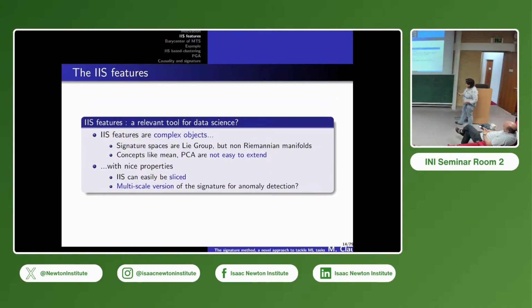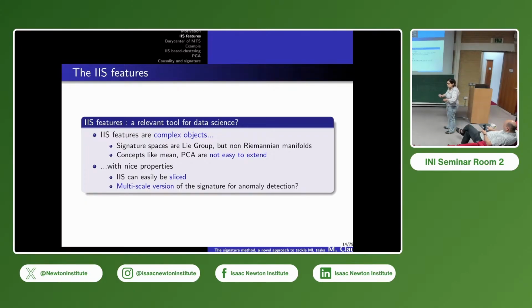So the point is that integrals seem to be very simple, but they are not, because, for example, you see that there is this relationship between order 2 and order 1. You are not in a Euclidean space, and in fact you are also not in a Riemannian manifold.